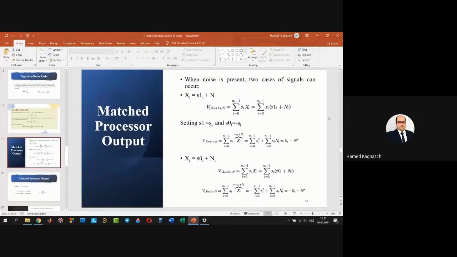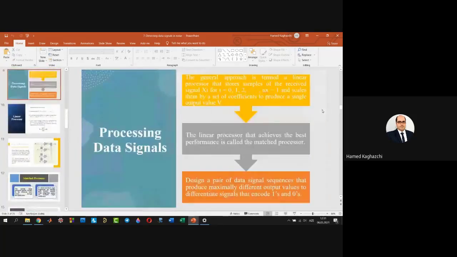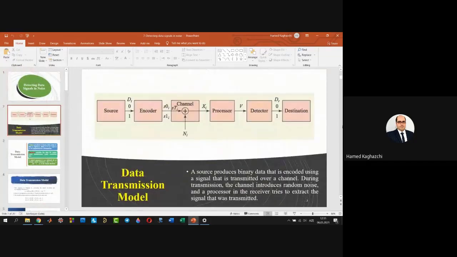In the previous week, we started to talk about detecting noise from the original signal. So we saw that in the block diagram of data transmission, this block diagram starts from the source.